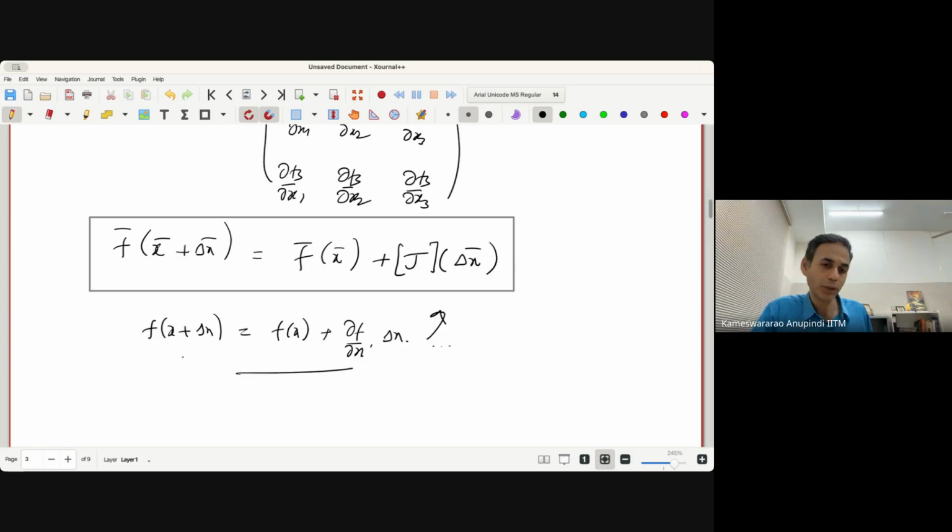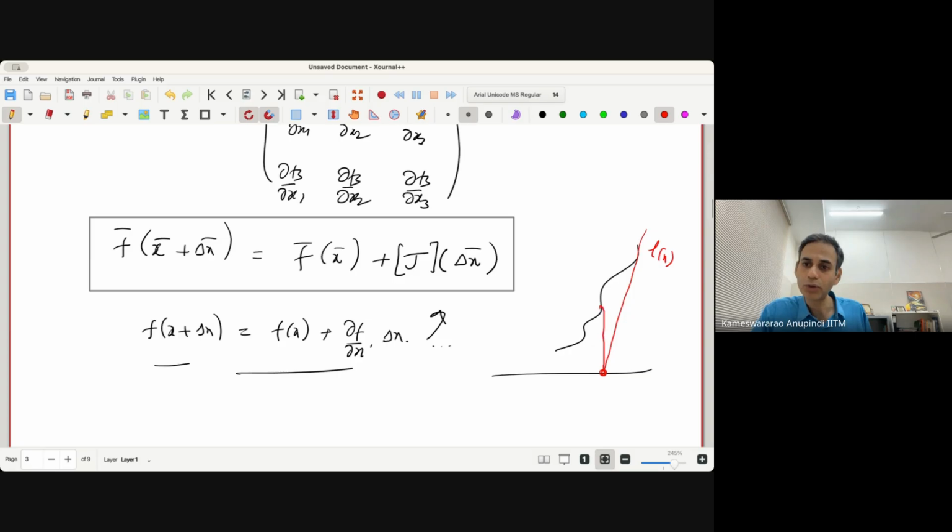Now, what did we do in the case of Newton's method? We said if this is the function, we drew a tangent. That is the tangent, which is denoted as L of x. If it is going to intersect here, then this is your next value, which is f of x plus delta x, and that is going to be equal to 0.